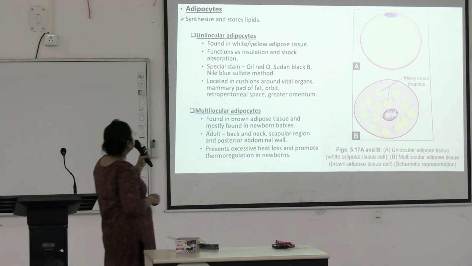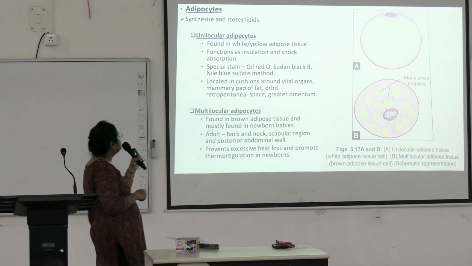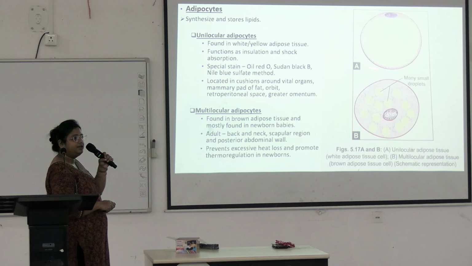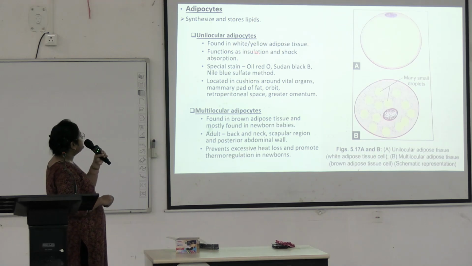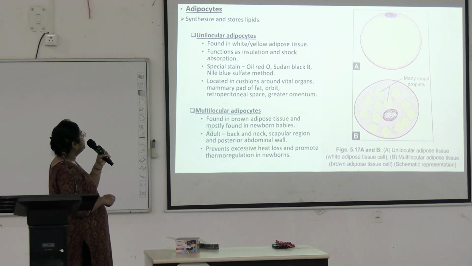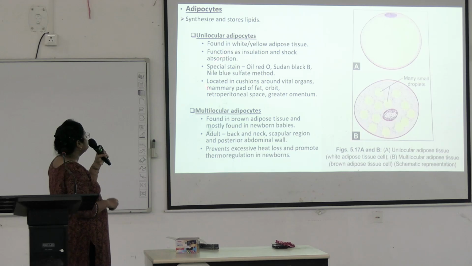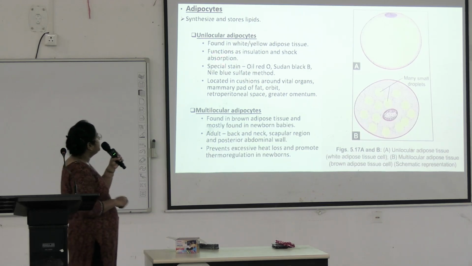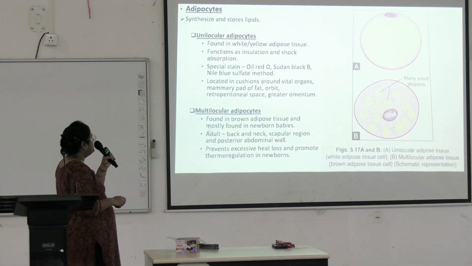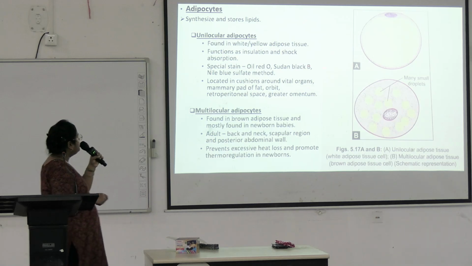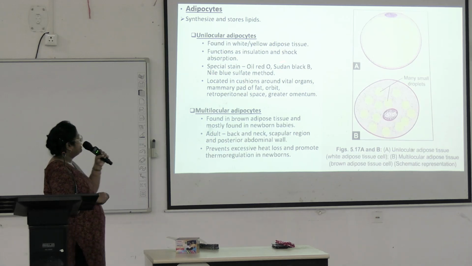Unilocular adipocytes are found in white or yellow adipose tissue and function as insulation and shock absorption. Special stains used for adipocytes are oil red O, Sudan black B, and Nile blue sulfate method.